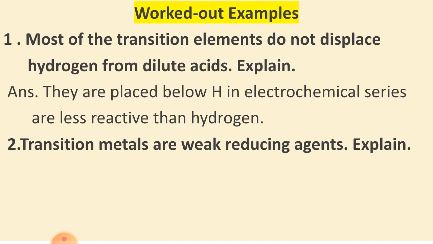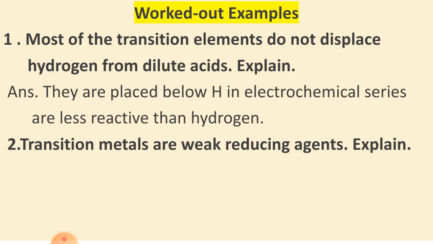Just like one example I also gave you in the value of E°, copper has an E° value for Cu2+/Cu of 0.34 and for hydrogen it is 0. So the more positive the value, the stronger the oxidizing agent. That's why copper does not displace H2 gas from acid.